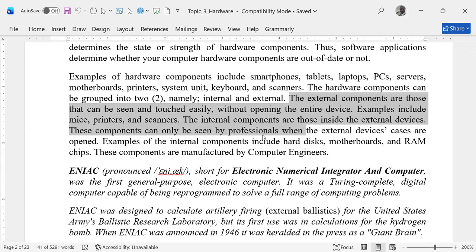These are your mouse, your keyboard, the entire screen. And internal are those inside when the main case, the system unit, is open. Those components are classified as internal hardware components. Examples: hard disk, the processor, the memory, etc.